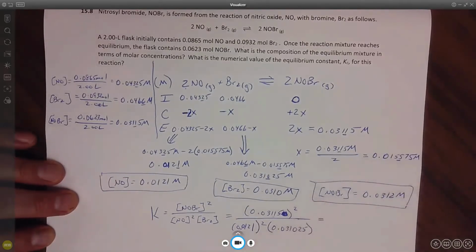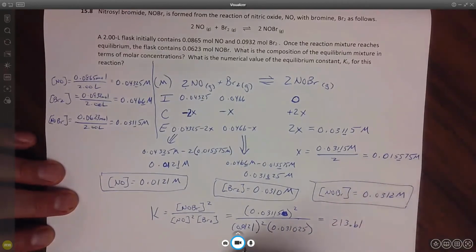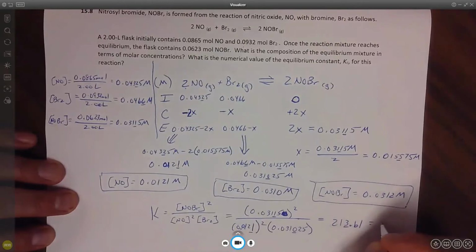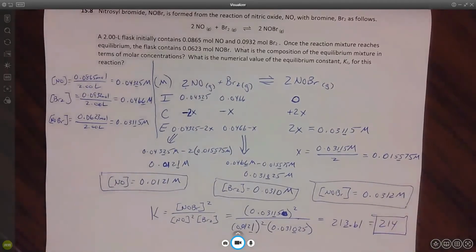And then you would plug that into your calculator and you get 213.61. This is 3 sig figs, so your final answer would be 214. So the equilibrium constant for this reaction is 214.